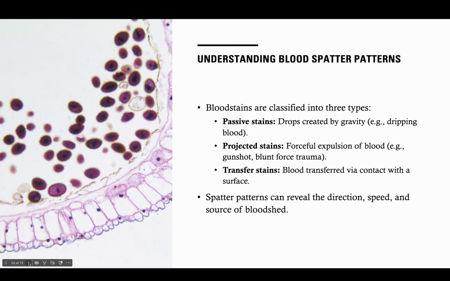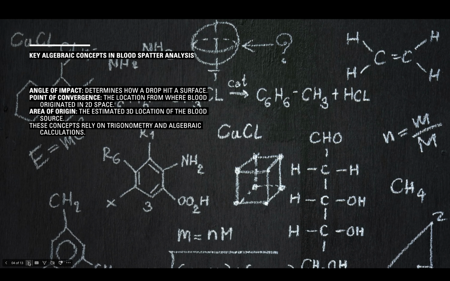So pretty much if somebody's bleeding and they start running, you can tell by the blood spatter how the blood is going in that direction, which means they were going that certain way.